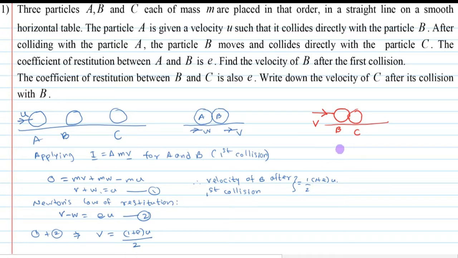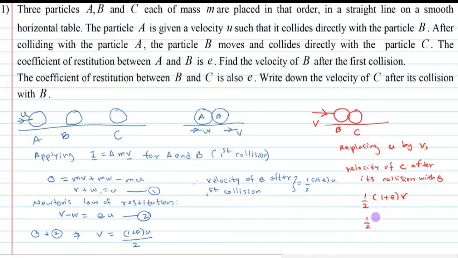Replacing u by v, the velocity of C after its collision with B is equal to 1 over 2 times 1 plus e times v.